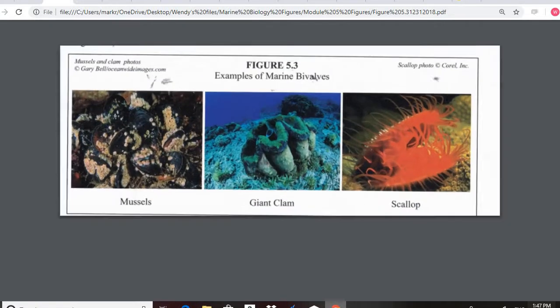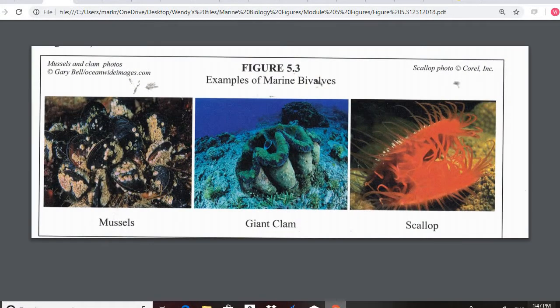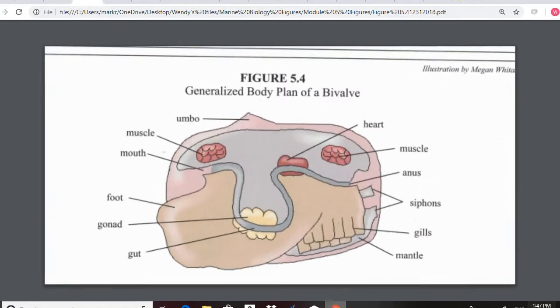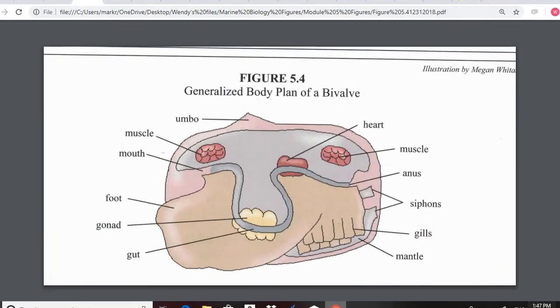so here's mussels, clams, and scallops. All of those are examples of bivalves. And then if we look at the bivalve, so here's the gills. Over here on the far right side, down near the bottom, you can see the gills. And the other thing that I mentioned were these siphons here on the right-hand side that take in water and expel water.